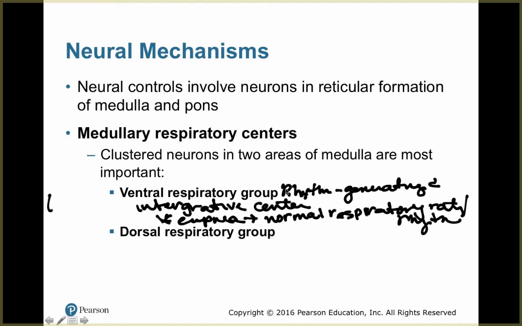The average is somewhere between 12 to 15 breaths per minute. So they control breathing.